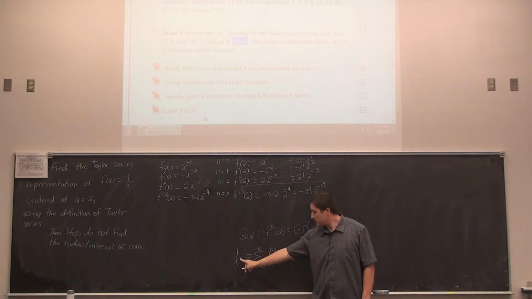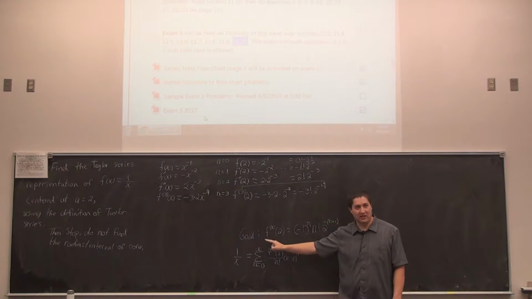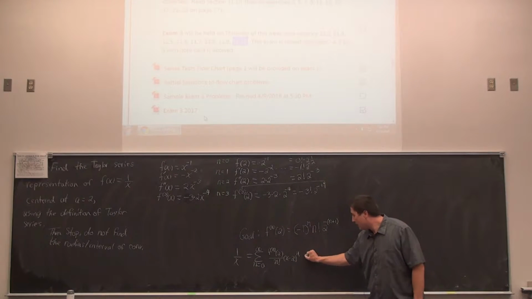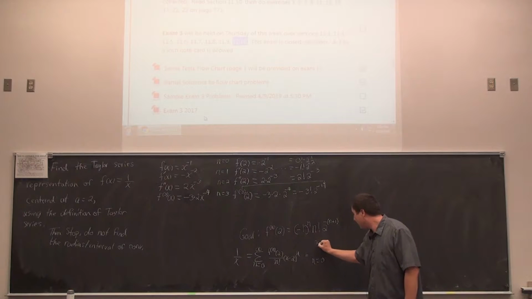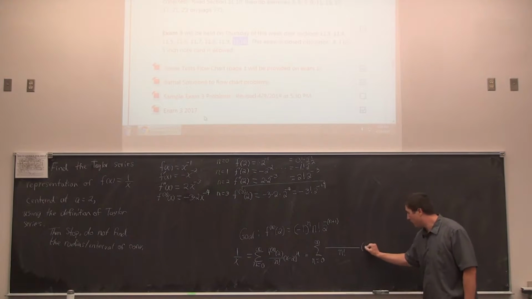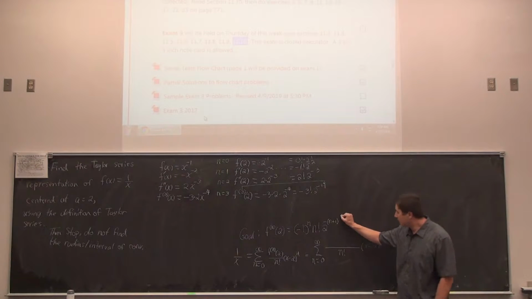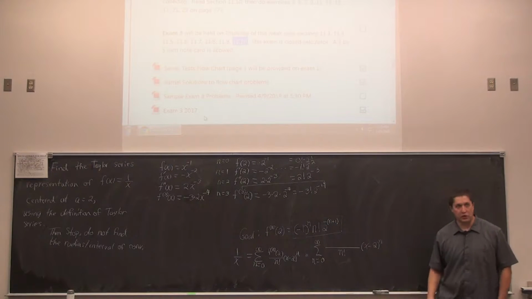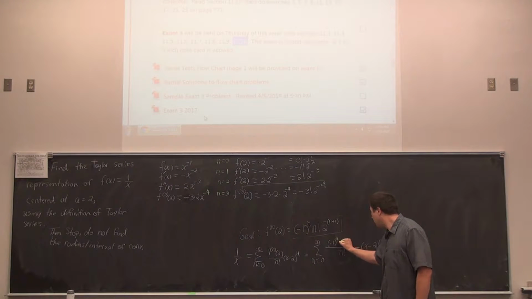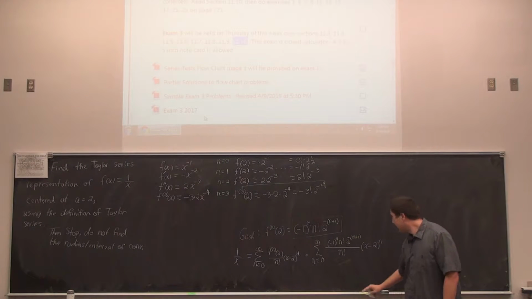So to summarize, the Taylor series representation of 1 over x at the center of 2 is now the summation as n goes from 0 to infinity of, we still have an n factorial, which we started from, x minus 2 to the power of n, we already threw in as part of our summary, and it's this stuff that we produced. So all we have to do is copy in negative 1 to the n, factorial, times 2 to the power of negative n plus 1.